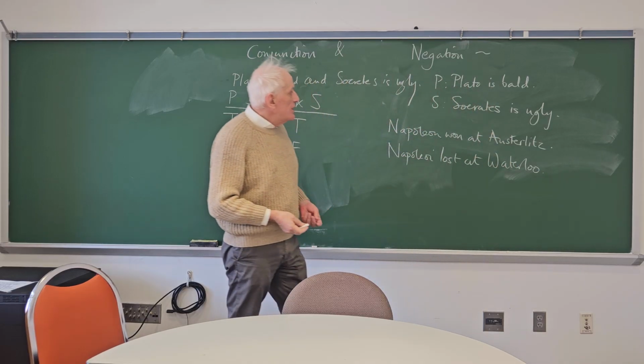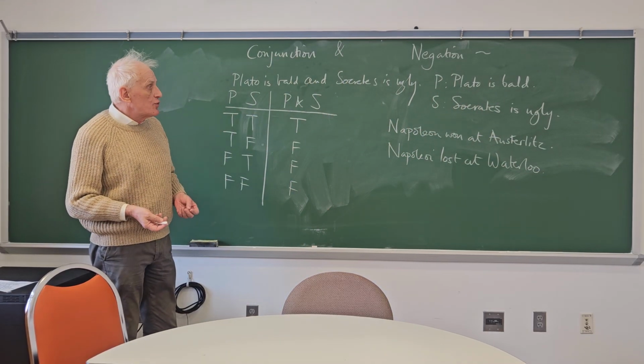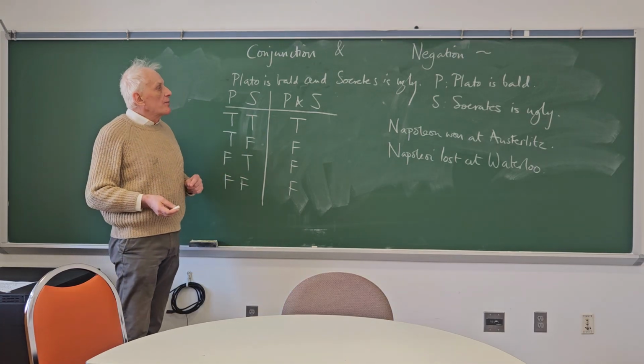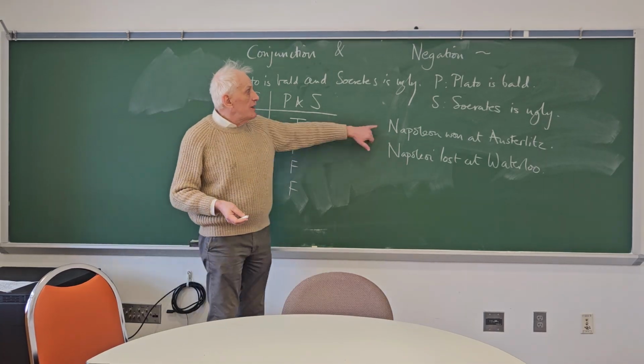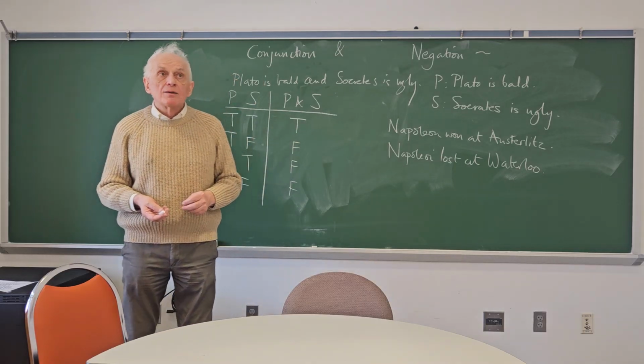These are 2 separate sentences, these are atomic sentences, and as it happens, they're both true. So during the Napoleonic Wars, right, Napoleon won a great victory at Austerlitz, but he was finally defeated at the Battle of Waterloo.